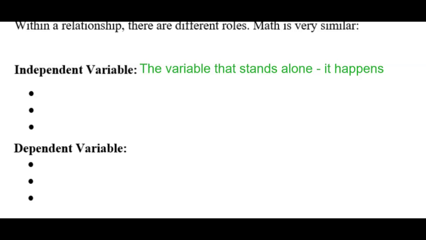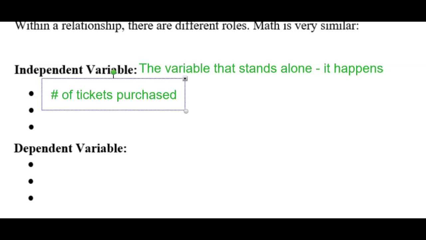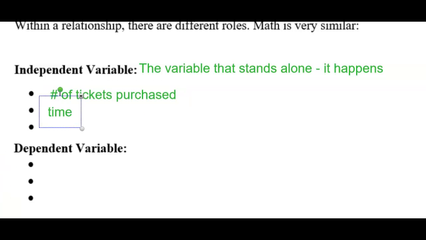So some examples of an independent variable might be number of tickets that you've purchased for an event, or the amount of time that you're doing something, or the number of hours that you worked. So as you are looking at and deciding what's an independent variable, what's a dependent variable, those are the kinds of things you're looking at, the things that just happen and stand alone.